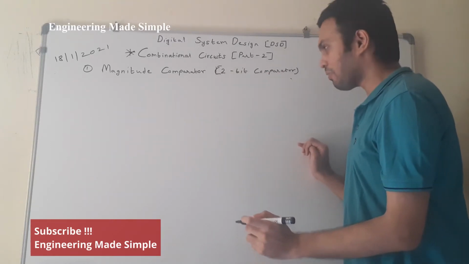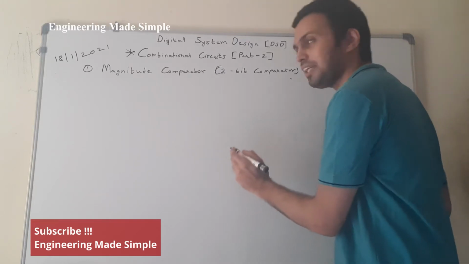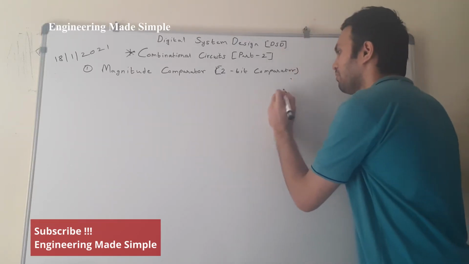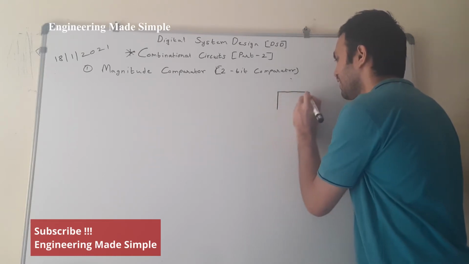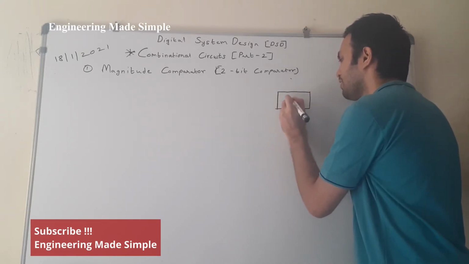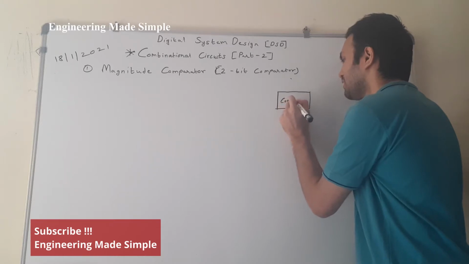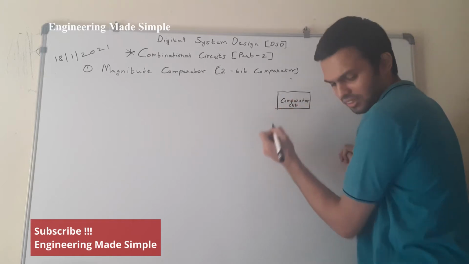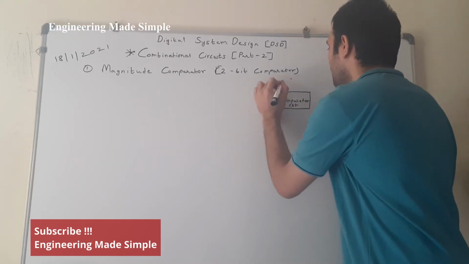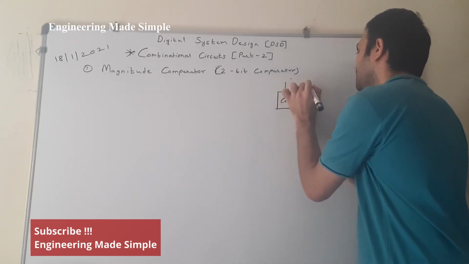So let us first understand what we mean by magnitude comparator or digital comparators. I will draw the basic block diagram over here. This is the generalized one. So this is a comparator circuit, which has two digital inputs.